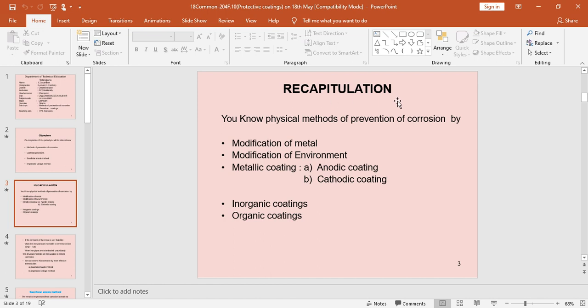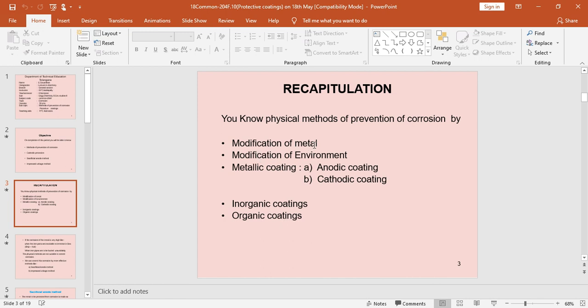Already we discussed it, so once again I'm repeating these points. Physical methods of prevention of corrosion are modification of metal, modification of environment, and metallic coatings, in that anodic coating and cathodic coating, and also inorganic coatings and organic coatings. To understand cathodic protection, first of all we should recall these things.